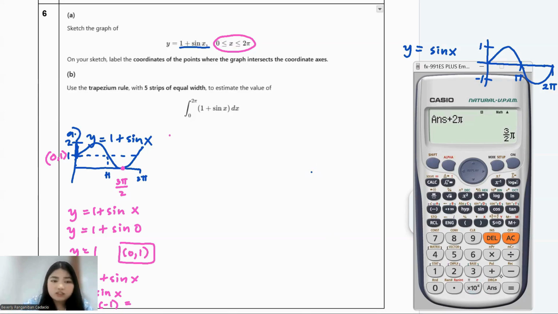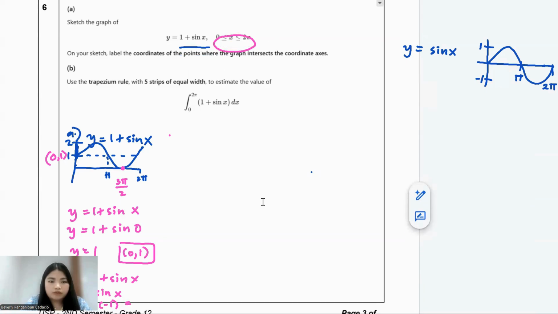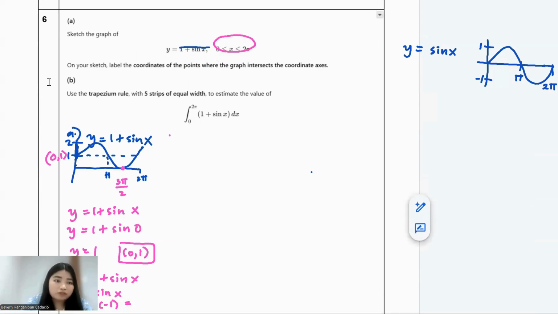But once again, this is only an optional way. There's another way, which is only based on the graph. Like in between pi and 2 pi, you know that it's 3 over 2 pi, so you can just put it there. So it is 3 pi over 2.